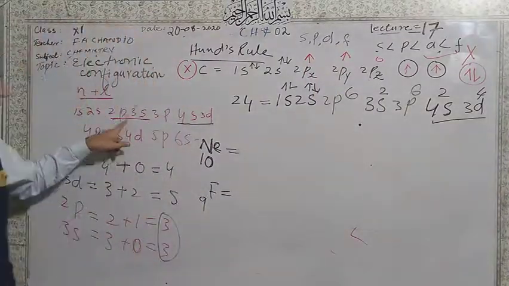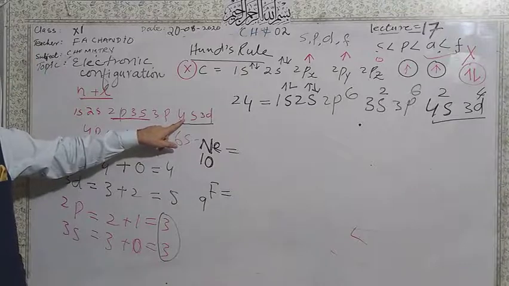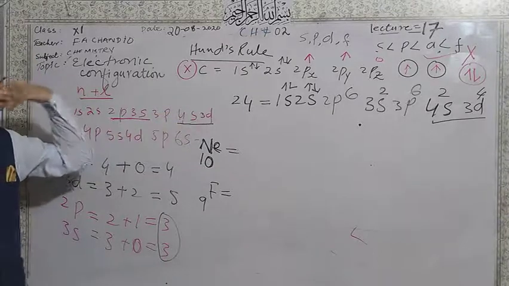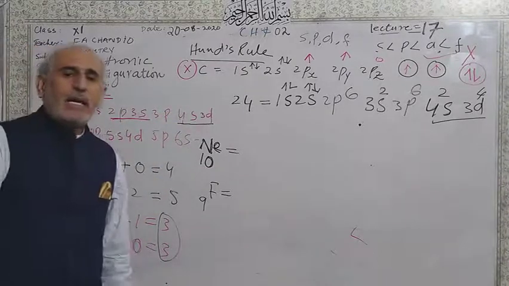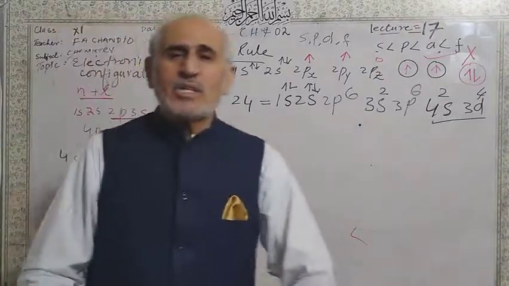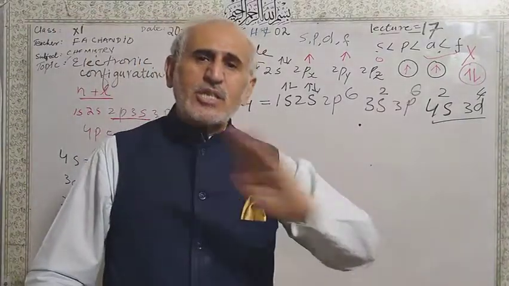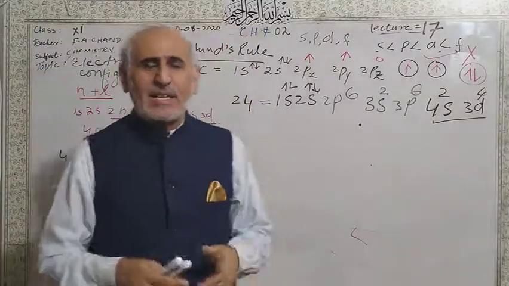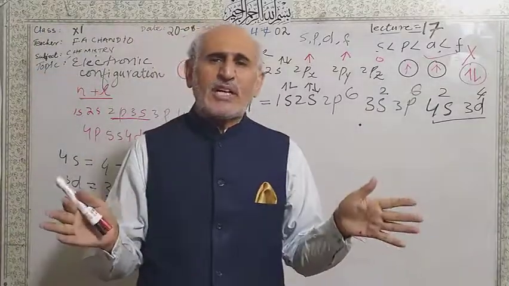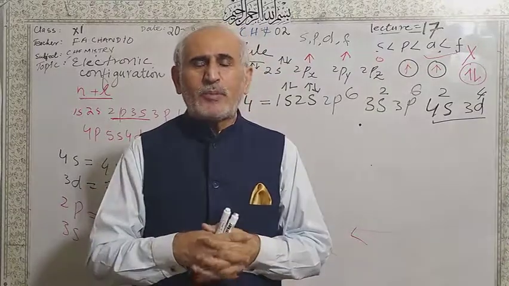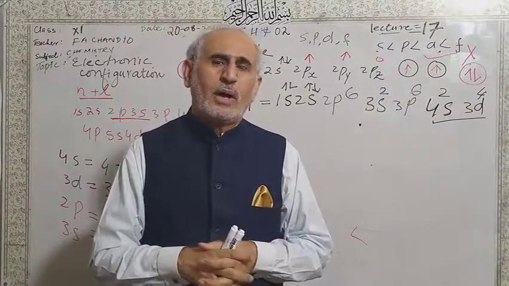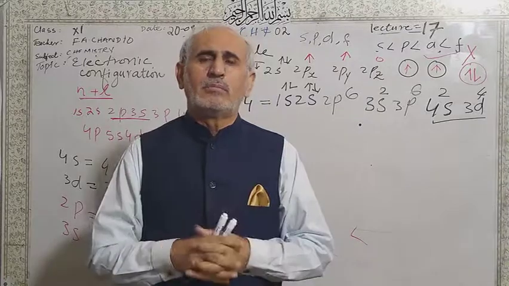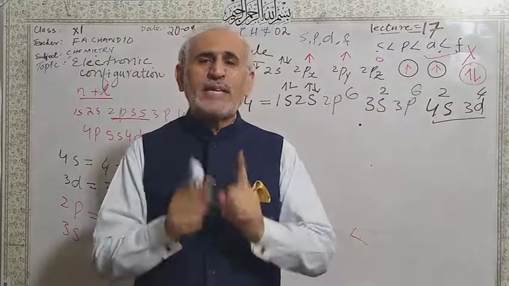According to this rule, you fill 4s first with 2 electrons and the remaining electrons go in d. According to this rule it is correct. But, students, this is an unstable electronic configuration of chromium 24. Unstable. Don't write this.